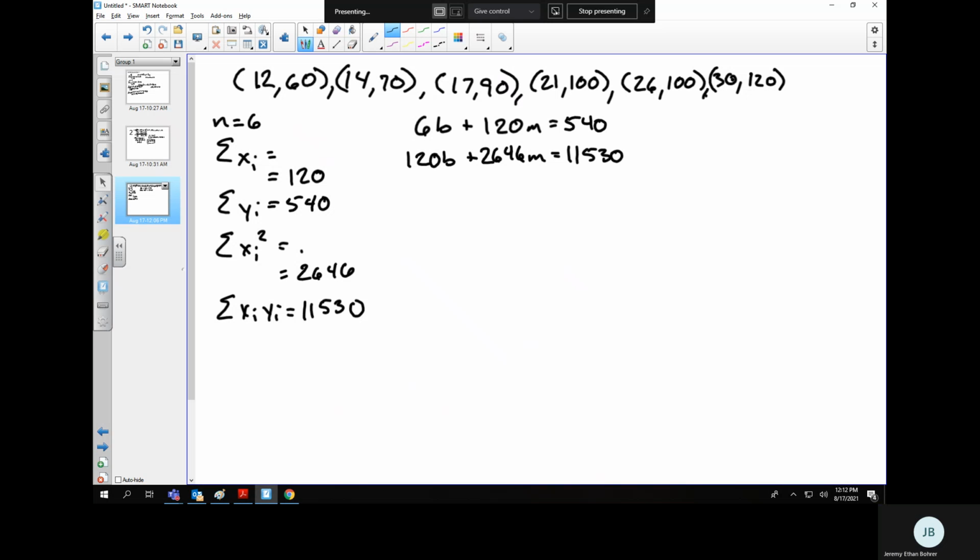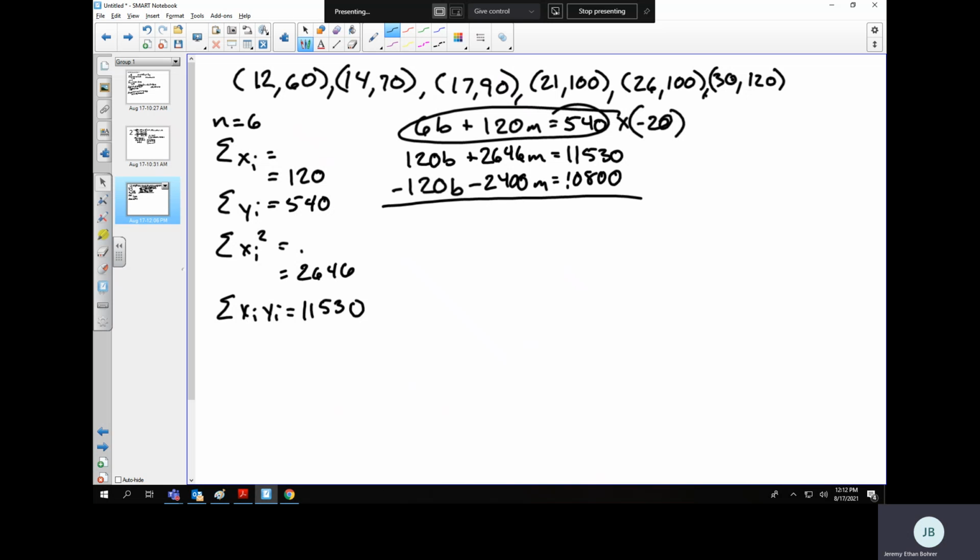Okay. All right, so I'm going to multiply this by negative 20. That'll give me a negative 120B minus 2,400M equals negative 10,800.